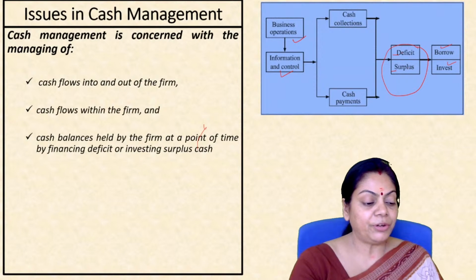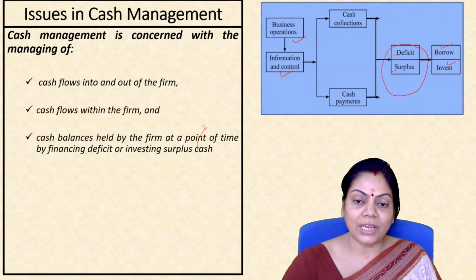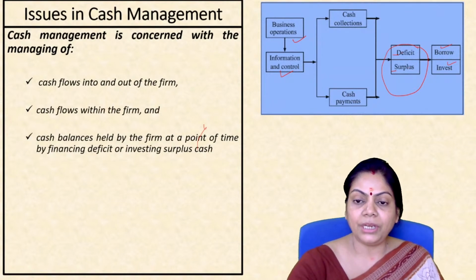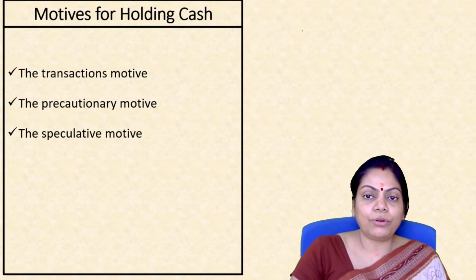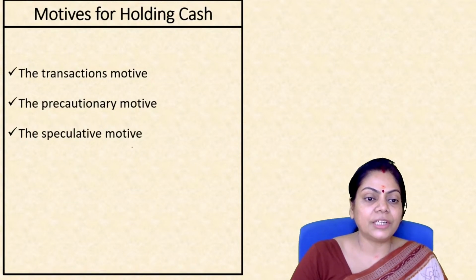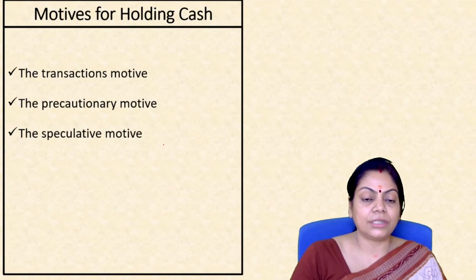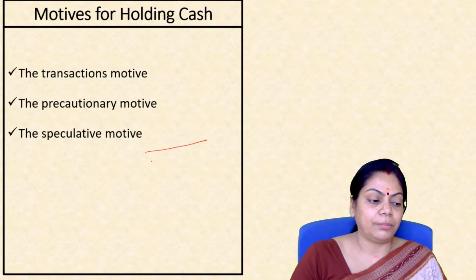Now, when we talk about cash forecasting, we talk about the cash budget. When I'm talking about a cash budget, as I told you, we talk about receipts and disbursements. We prepare the cash budget in a way where we talk about the receipts first.